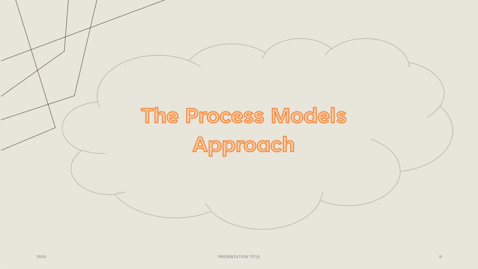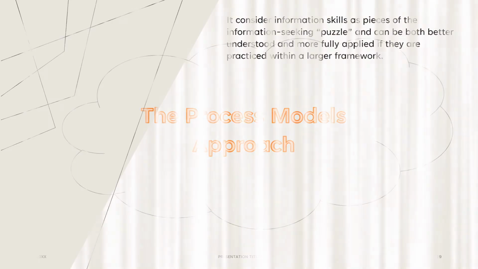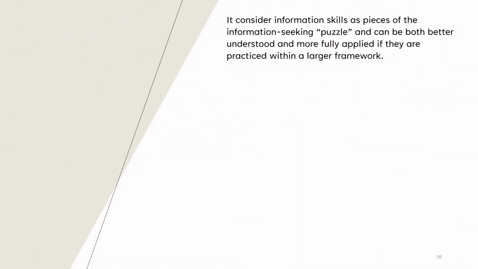The process model approach. The source and the Pathfinder approaches represent examples of a resource-centered view of library service in that the primary focus is on texts and documents within a specific collection. Process models, on the other hand, consider information skills as pieces of the information-seeking puzzle and can be both better understood and more fully applied if they are practiced within a larger framework.